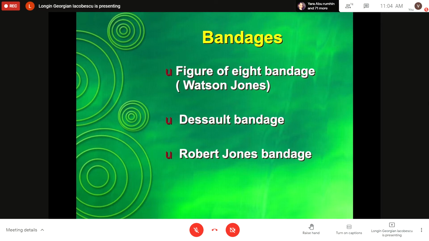Okay, we use it in clavicular fractures, that's true. This is the general thing. We will try to be more specific, because clavicular fractures are classified depending on the localization of the fracture. There could be lateral, medial, and median.